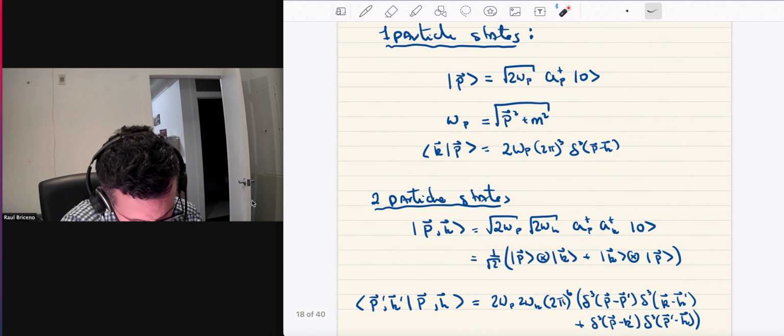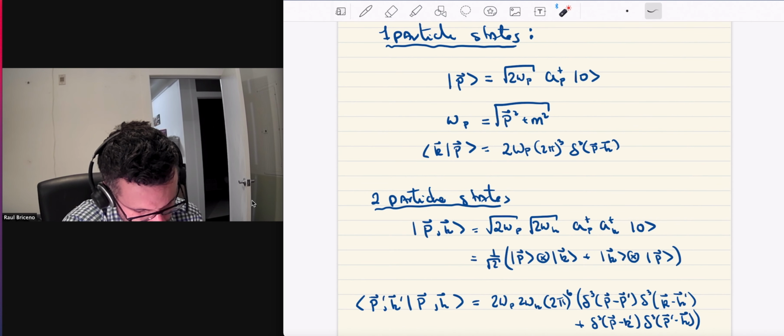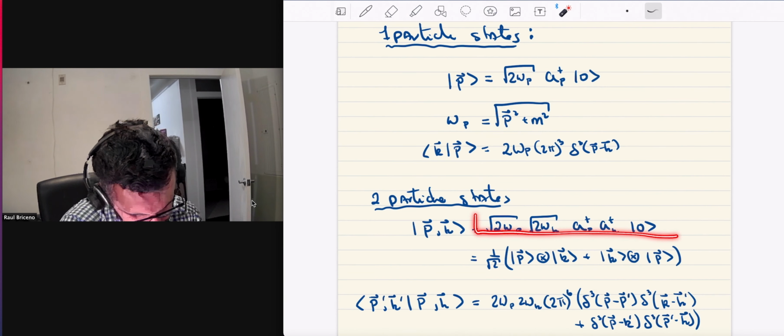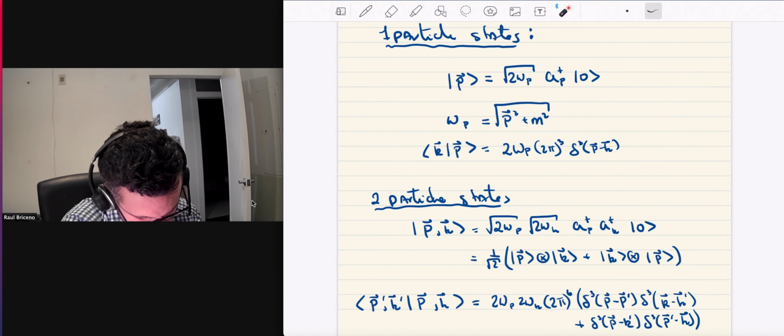Two particle states I can just define in terms of the momenta of the two particles and two creation operators with appropriate normalization, and then I can define them in terms of direct products if I want. This just has to be symmetrized with a factor of 1/√2. I find this representation much more natural and easier.